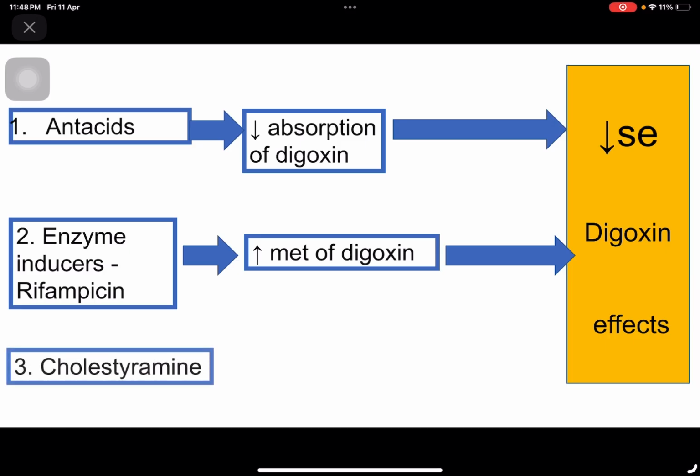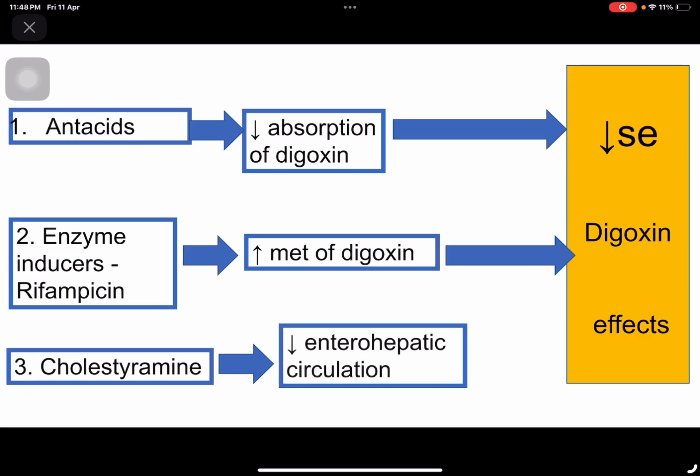Cholestyramine and digoxin given together cause a decrease in enterohepatic circulation, which results in a decrease in digoxin's effect.